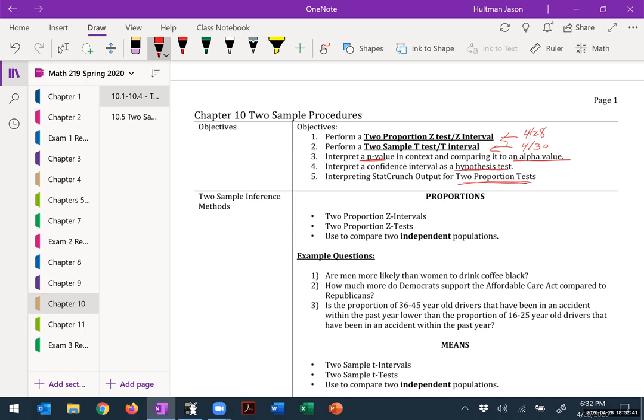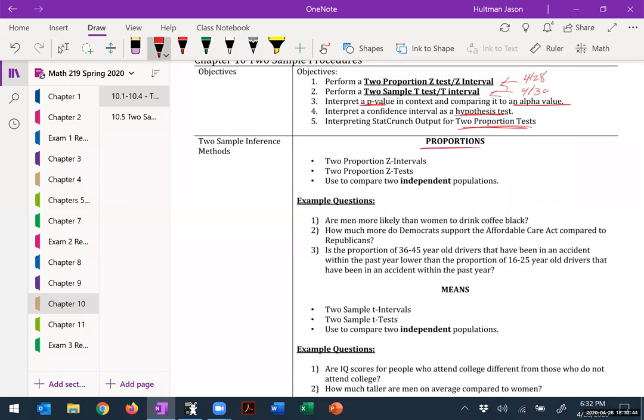The first one is for proportions. Let's talk about proportions today. We want a 2-proportion z interval or a 2-proportion z test. When are we going to use the interval, and when are we going to use the test?